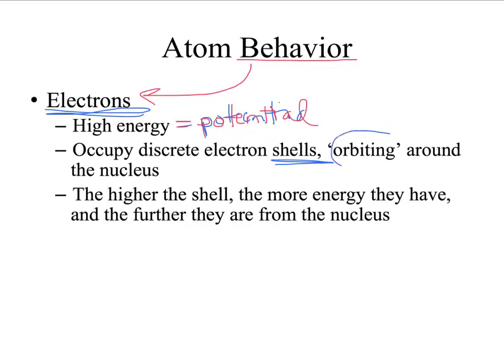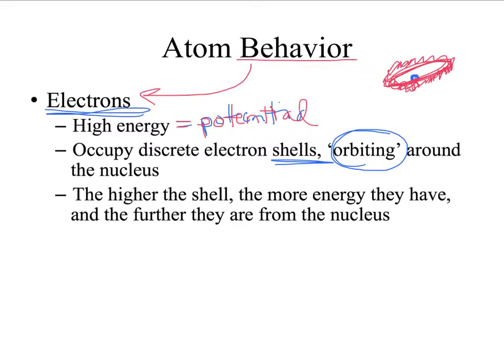Often you hear the word orbit used. I like to get away from using the word orbit because electrons don't actually orbit, meaning if this is the nucleus of an atom, they don't continuously circle around the nucleus. Rather they buzz. So they're buzzing around, and the shells are where they're most likely to be found buzzing around at any particular time.